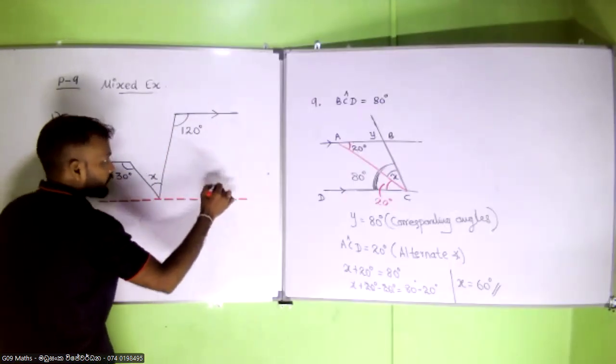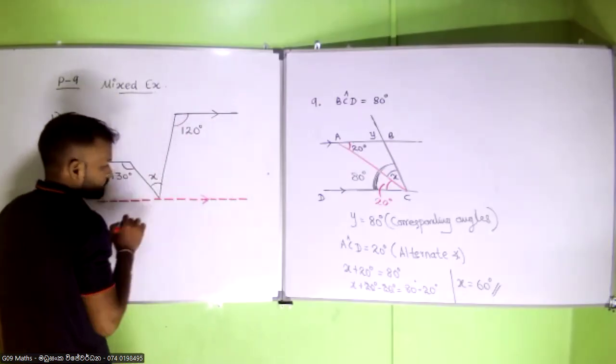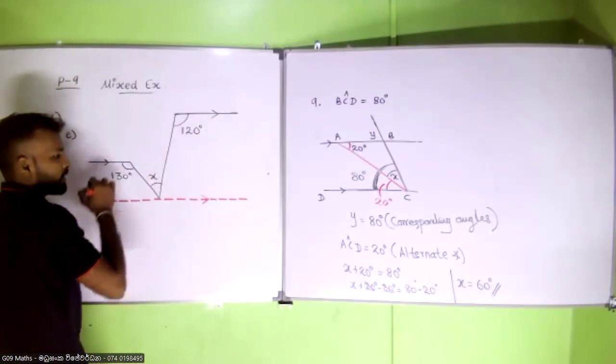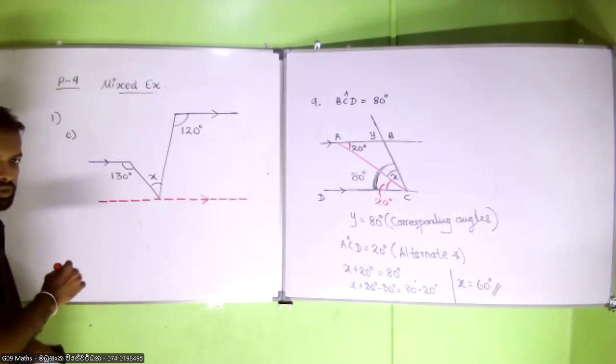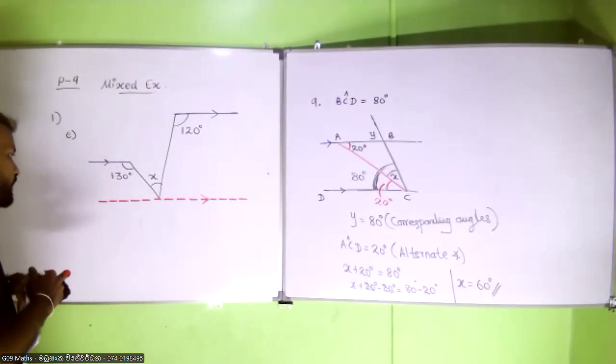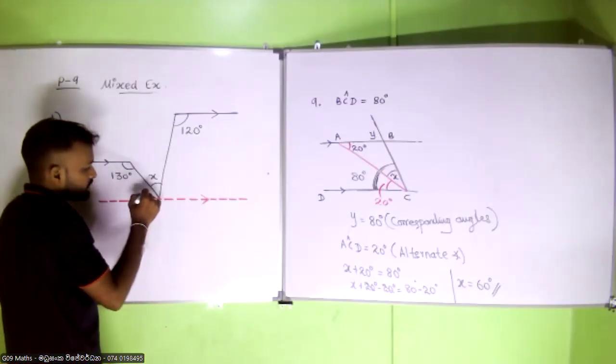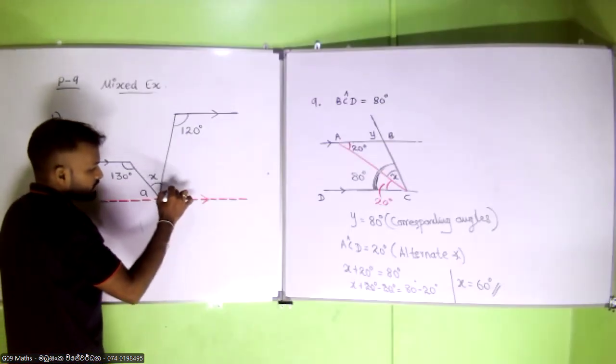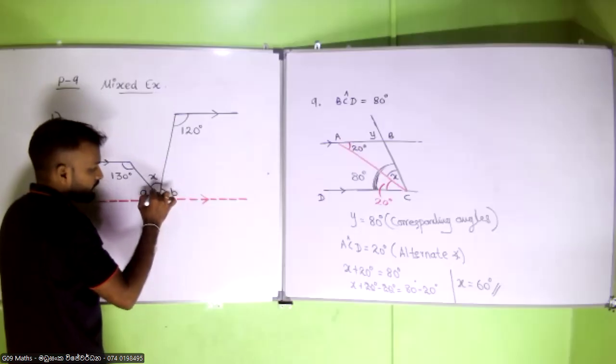Parallel line, parallel line, parallel line. All three of the lines are parallel together. So if I mark this angle as A and this angle as B, now you can easily find A and B.